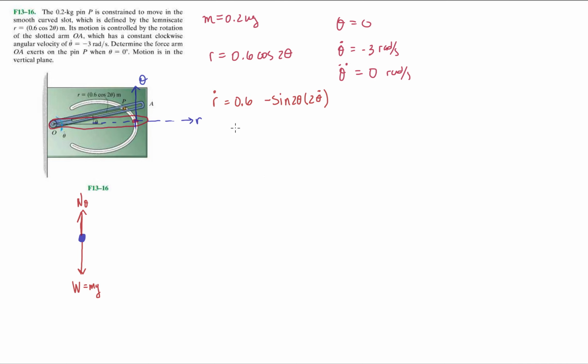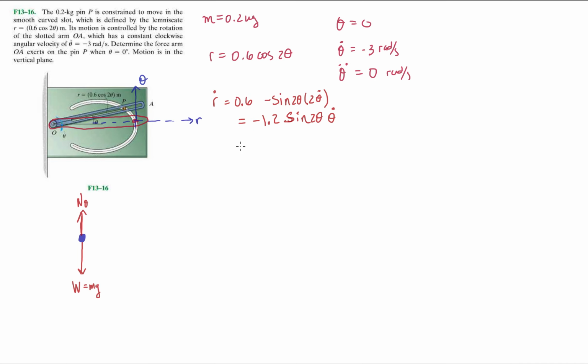So ultimately we have minus 1.2, and the cleaner way to do this, sine 2 theta times theta dot. That's our velocity here, our r dot.